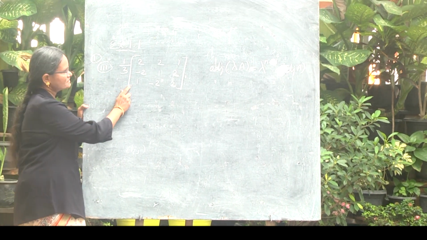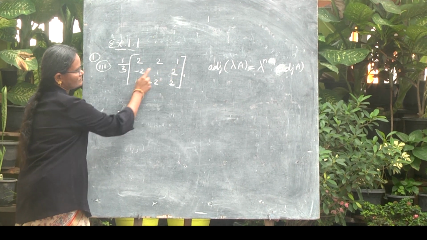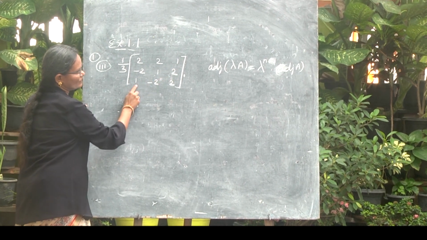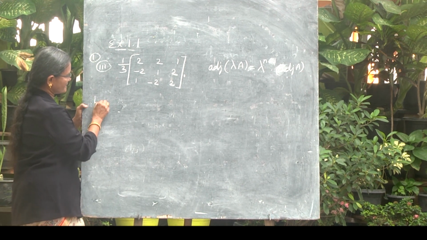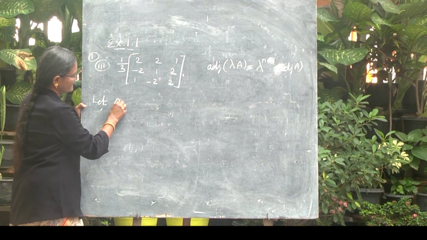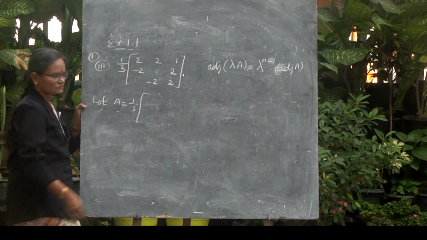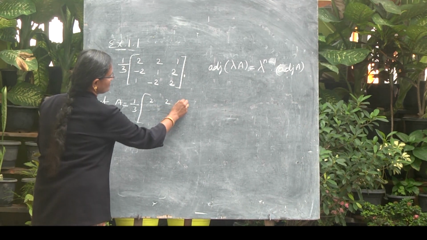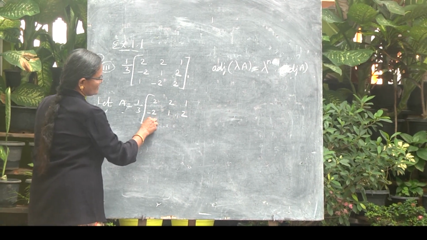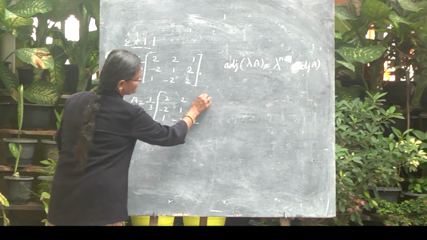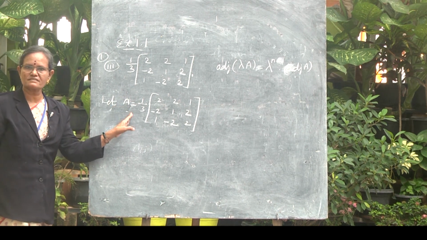What is given here? 1 by 3 into the matrix 2, 2, 1, minus 2, 1, 2, 1, minus 2, 2. Let A be 1 by 3 into this matrix. The given matrix can be taken as A.